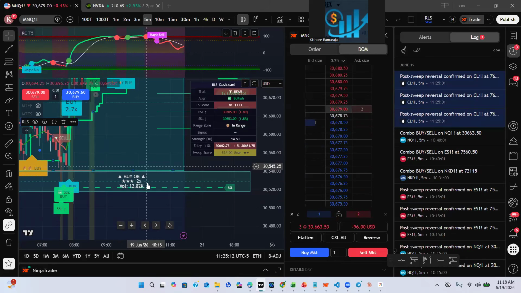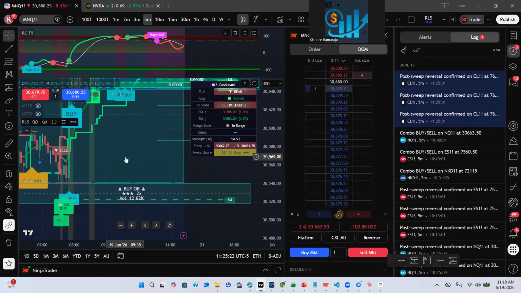That's a very, very good opportunity whenever your buy order block and this SSL buy come together. If you want to just trade stocks and options, 3 to 4 indicators are good enough. If you want to trade stocks, options, futures, then 5 indicators are good.